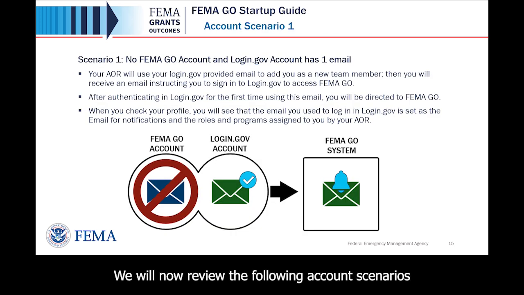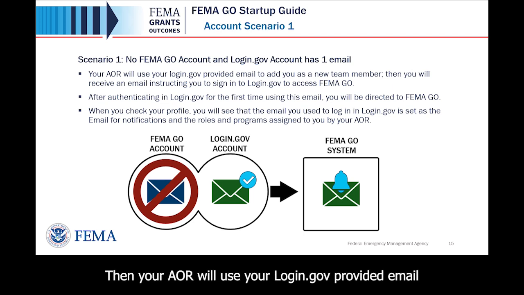We will now review the following account scenarios to assist you with preparing for and completing the migration successfully. Scenario 1 covers if you have no FEMA Go account and you have a login.gov account with one email address. In this case, you will provide your AOR with the login.gov associated email.